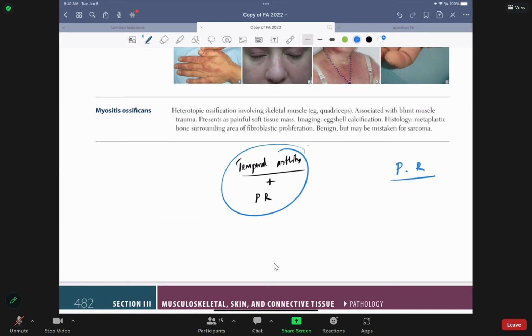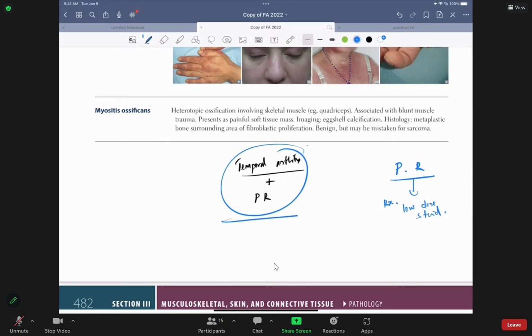It's a great feat, folks. Now, if they develop polymyalgia rheumatica alone, you give them a low dose steroid. That's the treatment. If they have both giant cell arteritis and polymyalgia rheumatica, it's a high dose steroid.